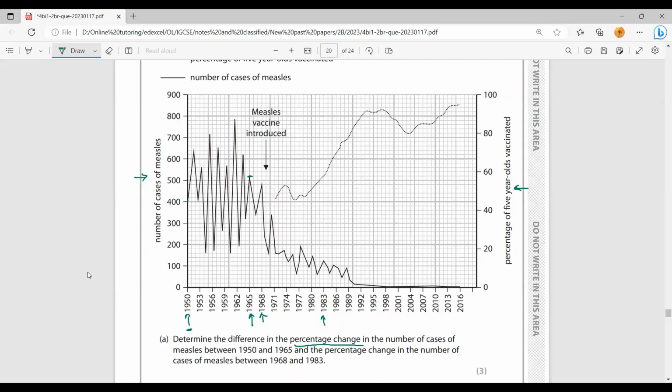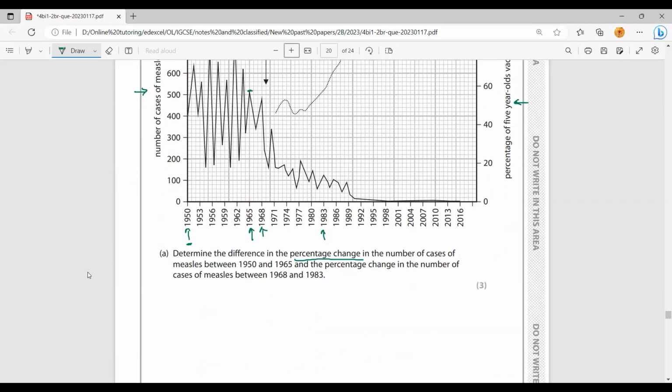520. 520. What's the percentage difference, or how do I calculate the percentage change? Do 520 minus 400 over 400. Okay, then times, so 30, times how much? Where did you get the 30 from?